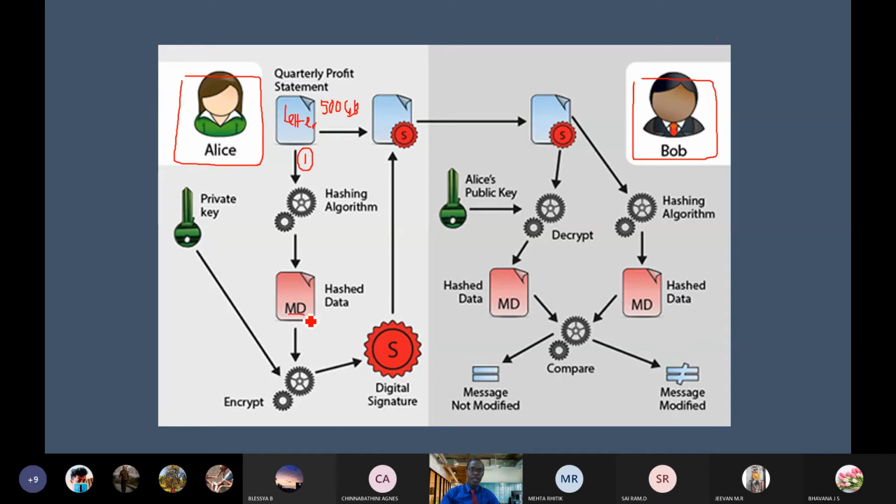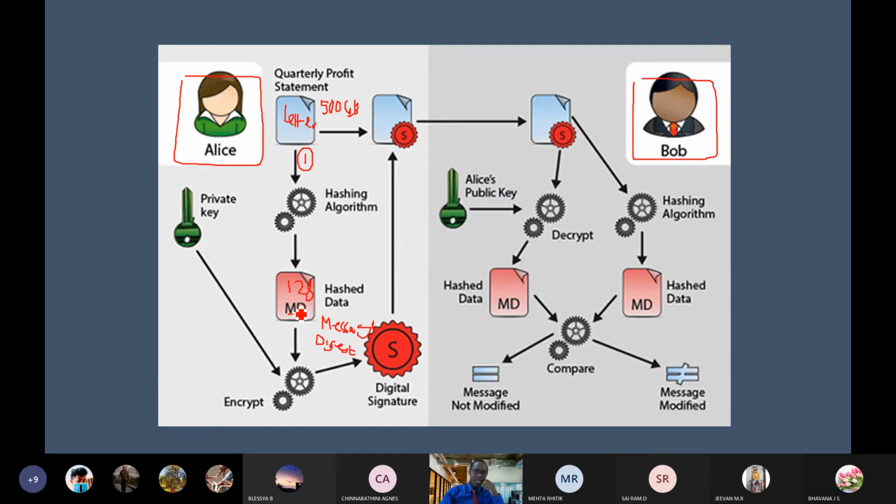Using MD, which stands for message digest. Remember, the hash value is going to be called the message digest. This message digest can be 128 bits; remember, it's a fixed output.